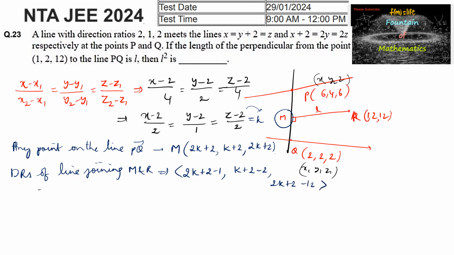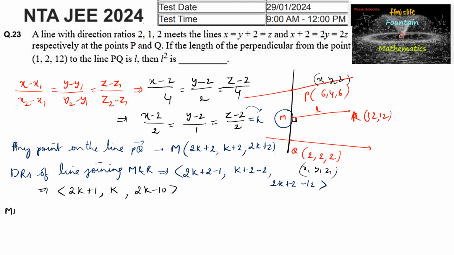So which in turn we can write 2k plus 1, comma, k, comma, 2k minus 10. These are the direction ratios of the line joining M and R, and now we know that this is perpendicular to PQ.